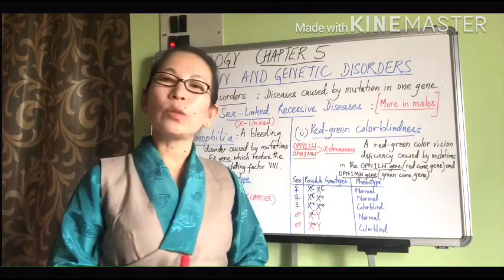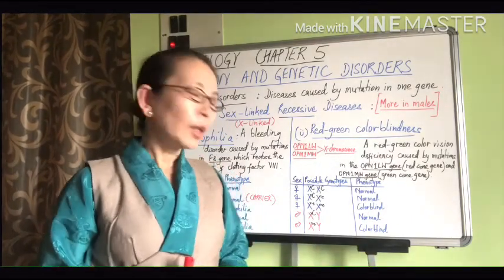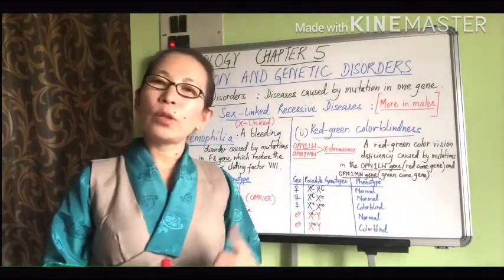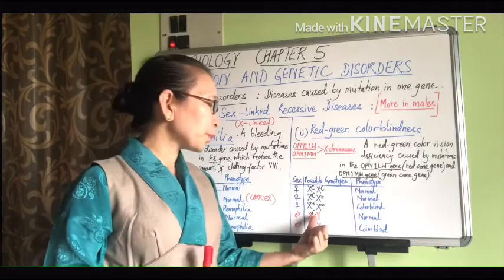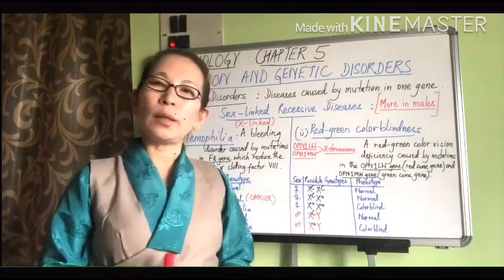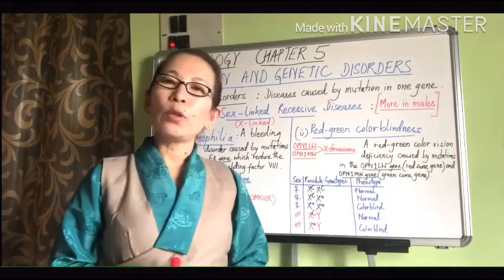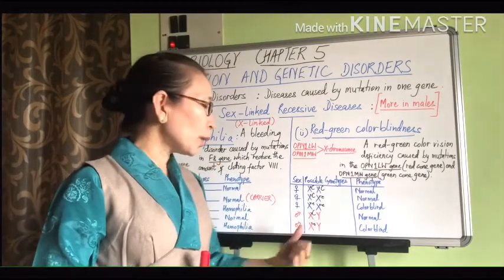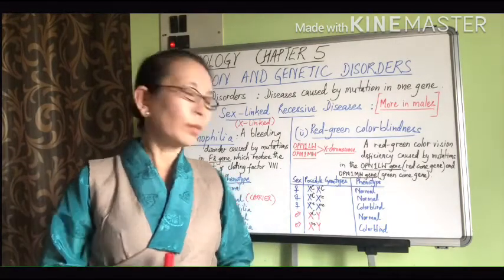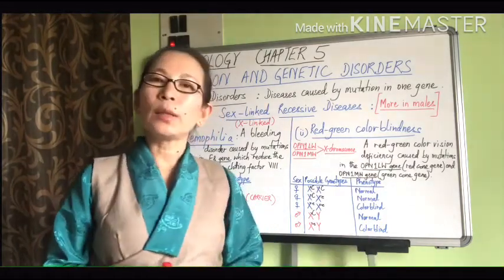But when we look into the males, since they have only one X chromosome, the X chromosome having the capital C allele results in a normal color vision male, whereas males having small c on their only X chromosome are going to be affected with color blindness.